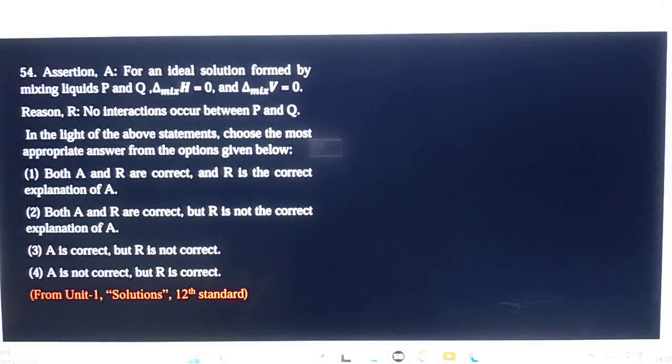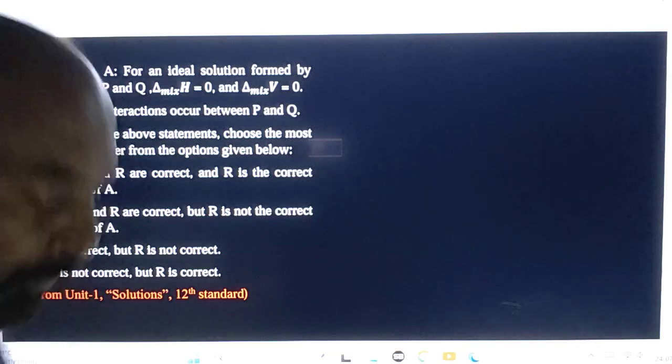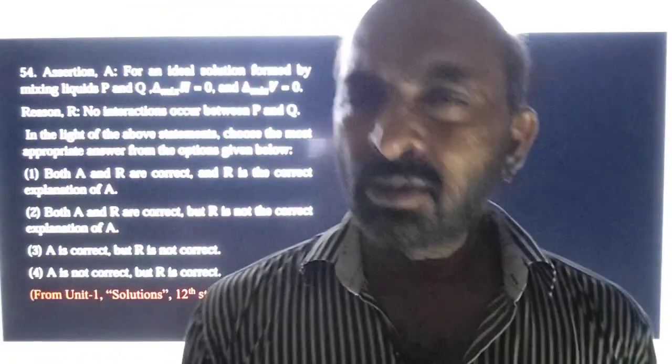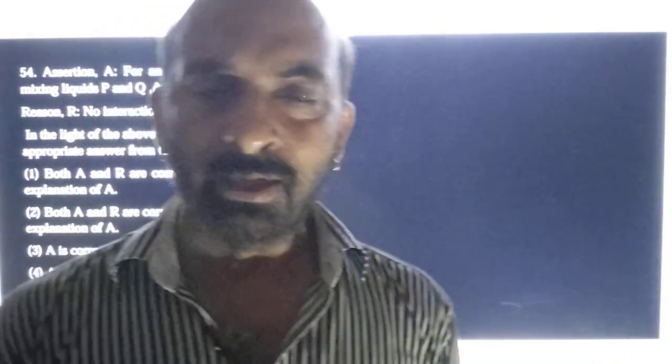We again read assertion A. For an ideal solution formed by mixing liquid P and liquid Q, delta H mix is 0, delta V mix is 0. That's correct. Since the total interaction doesn't vary between the two substances mixed, there is no total change in the attractive and repulsive forces among the molecules even after mixing.